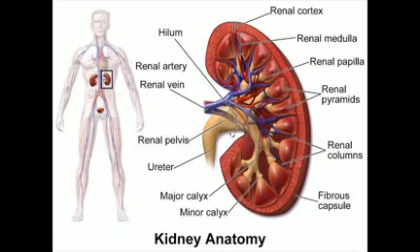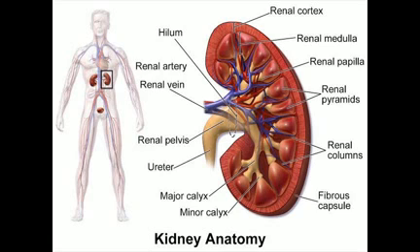Now let us see the internal structure of the kidneys and their functions. Inside the kidney, the renal artery branches into millions of capillaries, each of which is repeatedly divided and coiled.